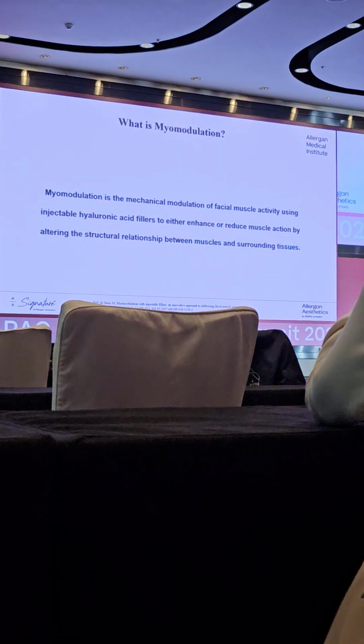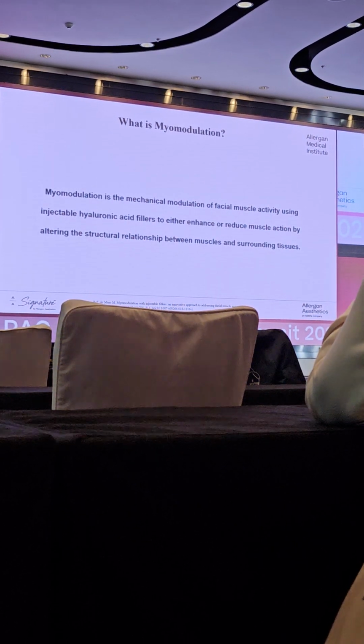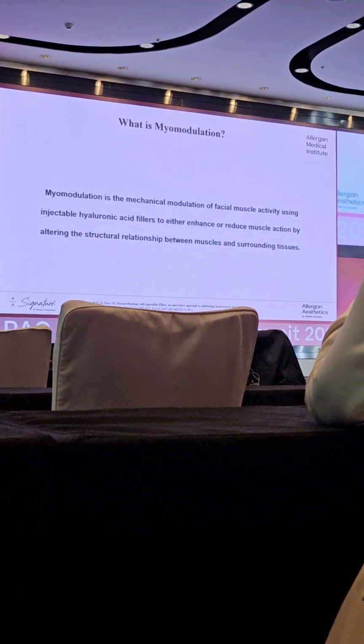So what is myomodulation? It is the mechanical modulation of facial muscle activity using HA filler to either increase or decrease the muscle action by altering the structural relationship between muscles and the surrounding structure. The perfect example of myomodulation is my shirt.